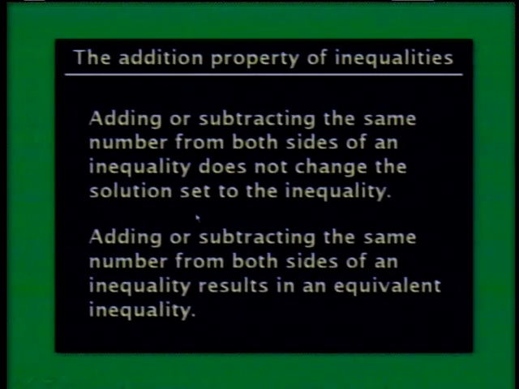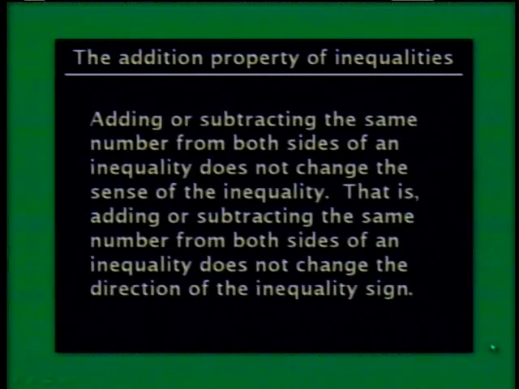There's yet another way of saying this. Adding or subtracting the same number from both sides of an inequality does not change the sense of the inequality. That is, adding or subtracting the same number from both sides of an inequality does not change the direction of the inequality sign. Those two sentences have exactly the same meaning.